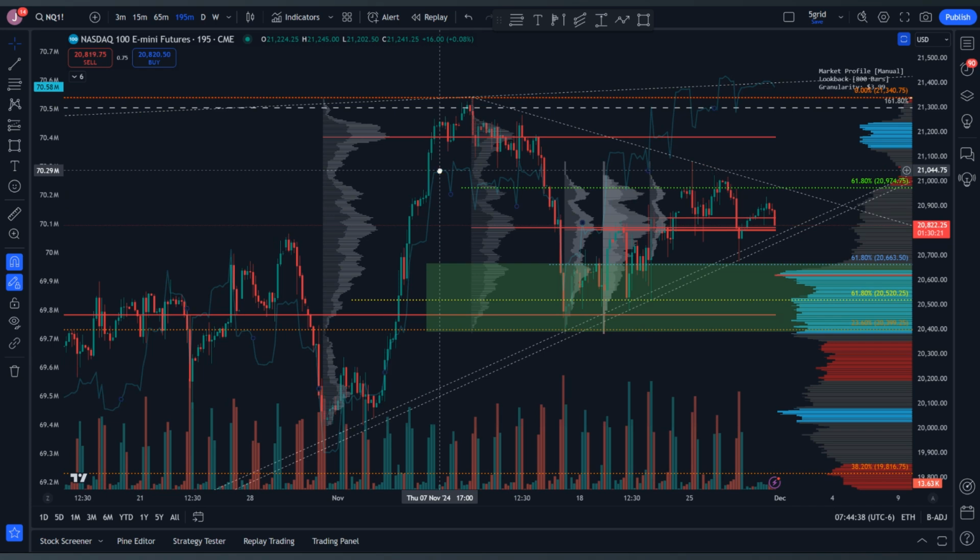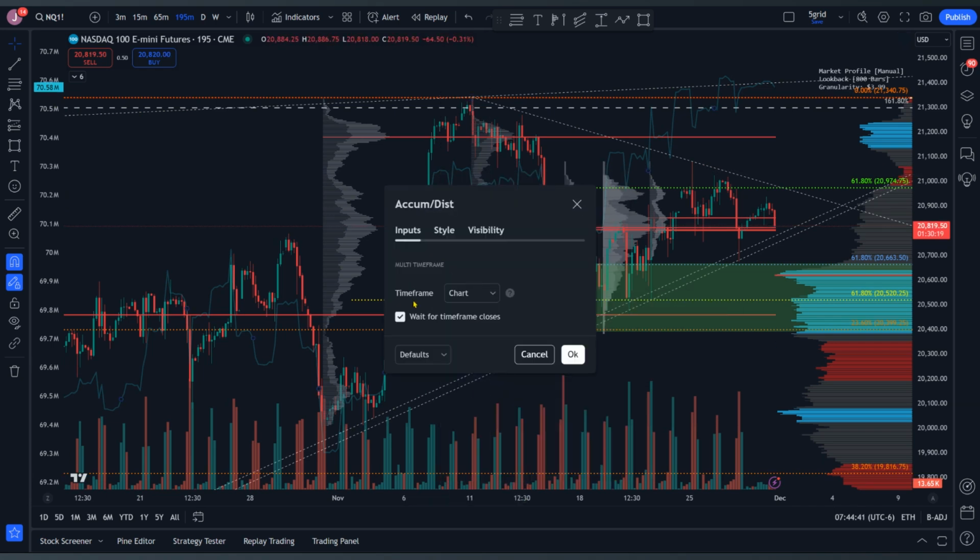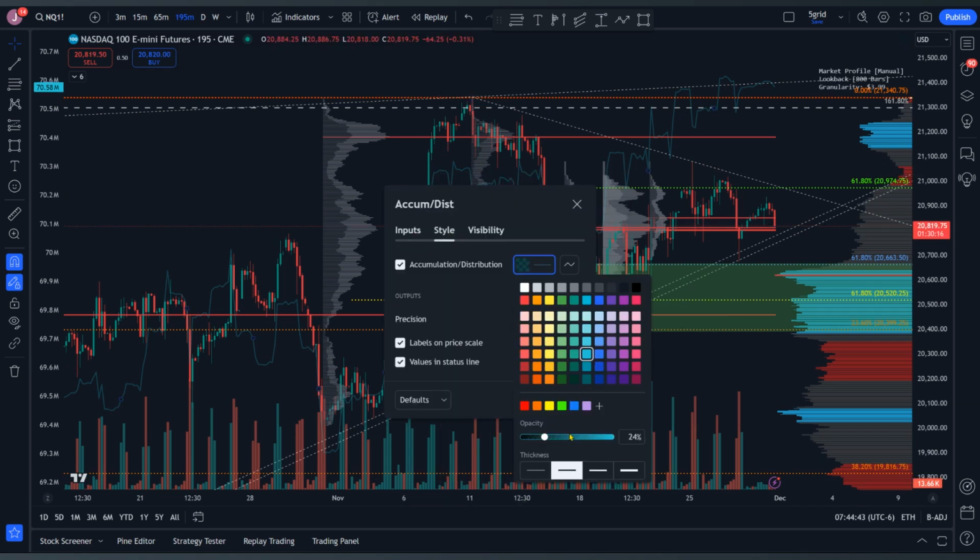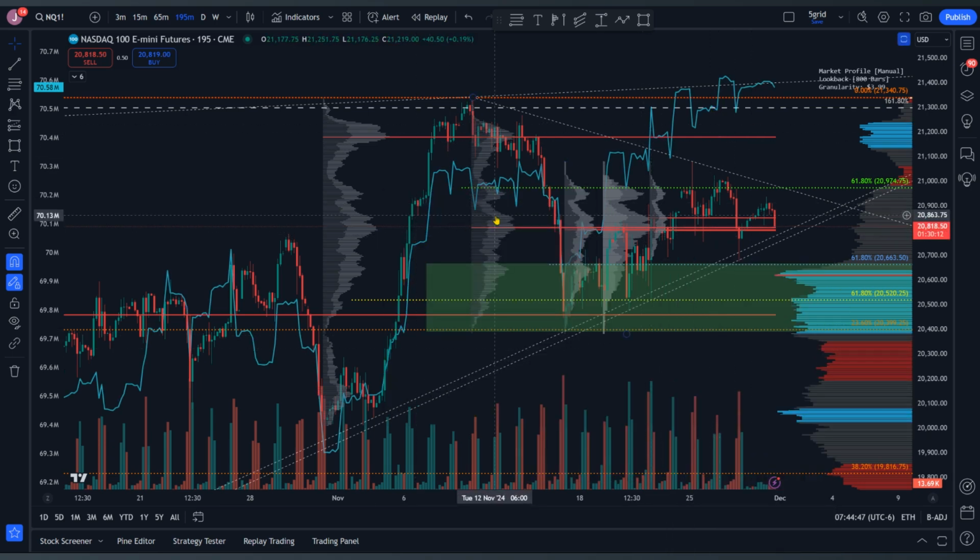Let me change this color real quick so it's a bit easier to see. There we are. Whereas the market is not setting new highs, the accumulation distribution is setting new highs. So this suggests that there's bullish behavior within this consolidative period.